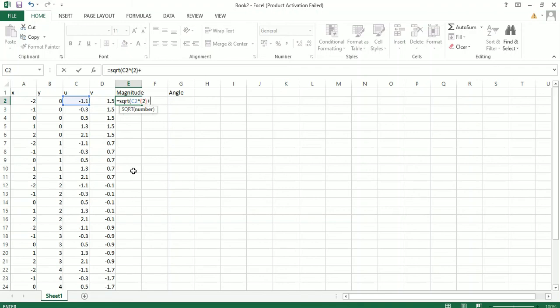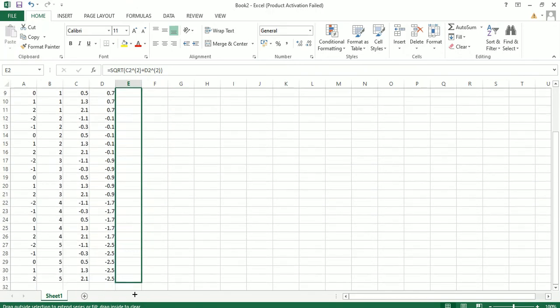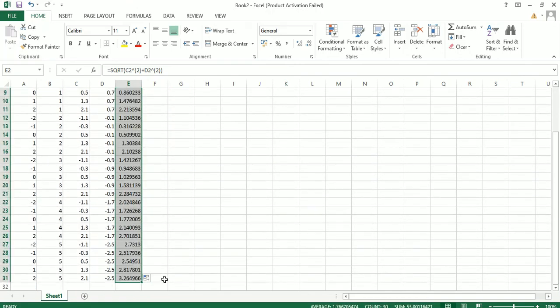Then plus, then now I will click on the v value, and then raise it to the power, bracket open, 2 bracket close. Then I now close the bracket. So this is the formula. Because we are going to find the magnitude, we are just going to square the values and then take the square root of it. Just press enter at the end, then you have your value. Then just click on the far right corner, then you drag it down. So this is what you have.